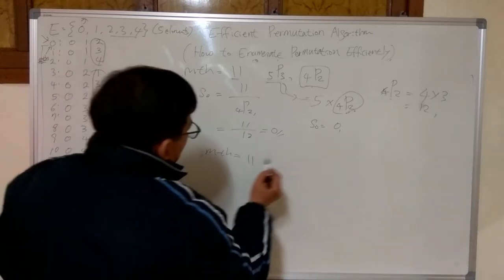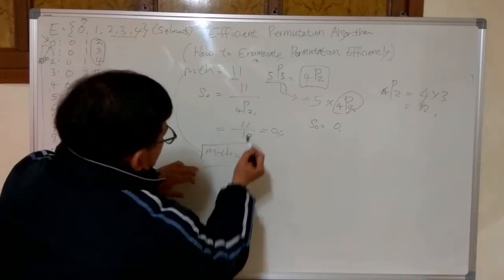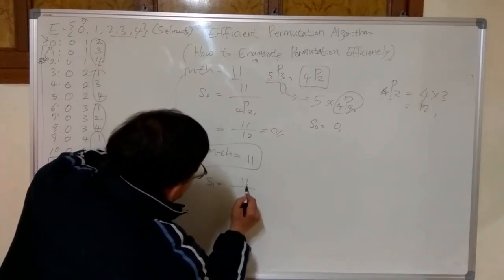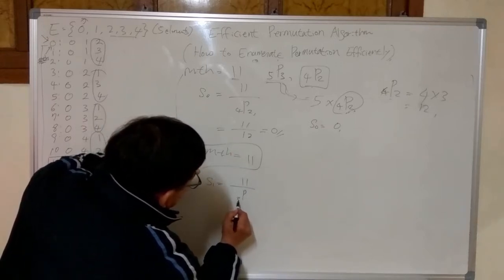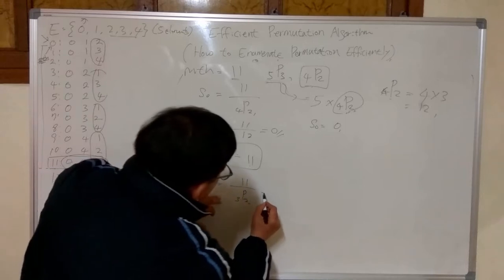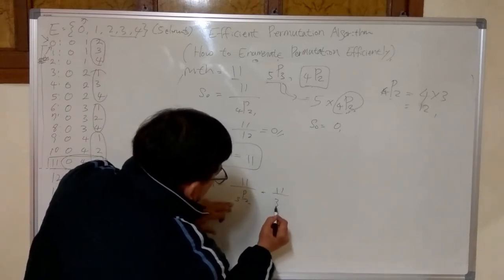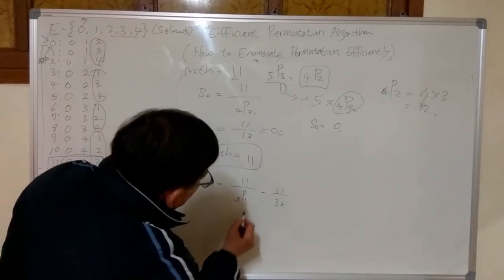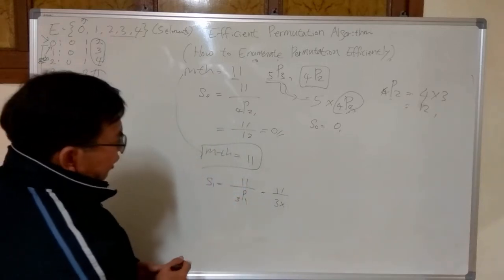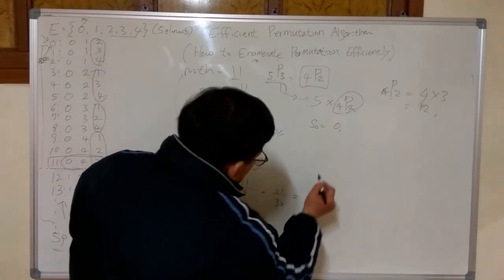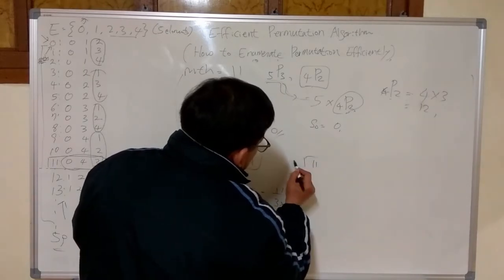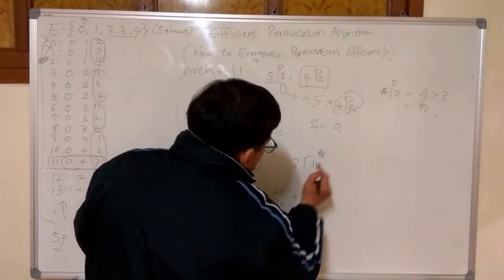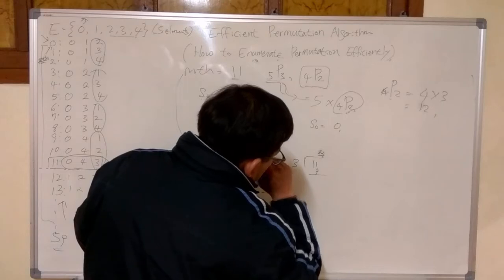So in this case, we are trying this again. Now S1 will be 11 divided by 3P2, like this. Now if we compute this, 11, this is 3 times 2, 3 times 3 is 9, 2.